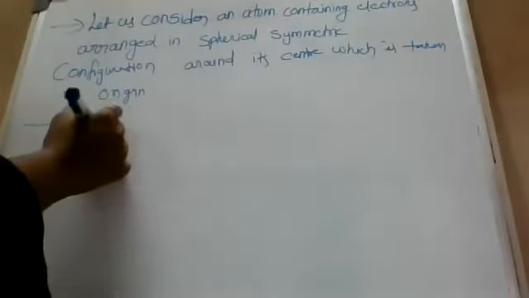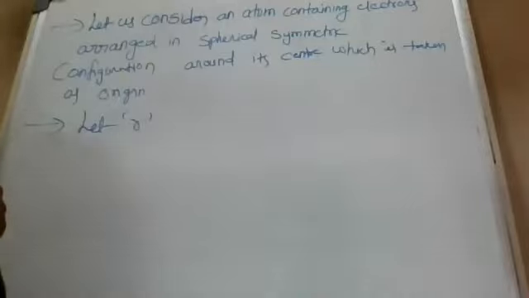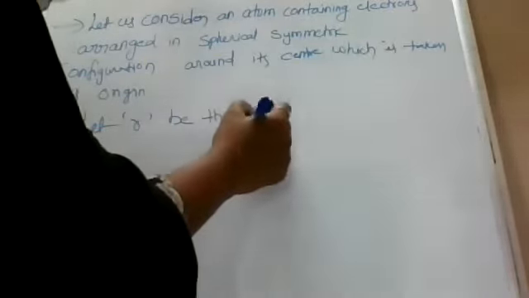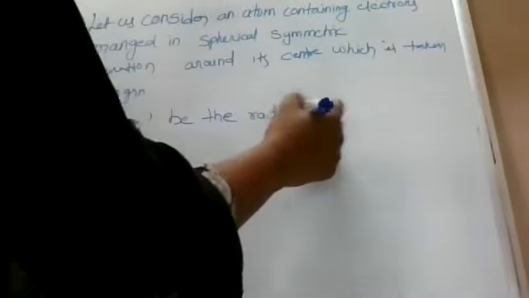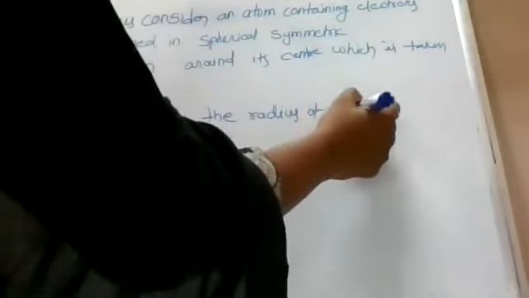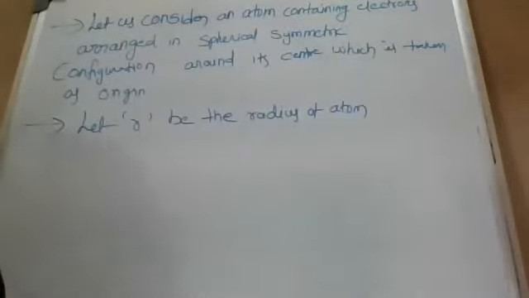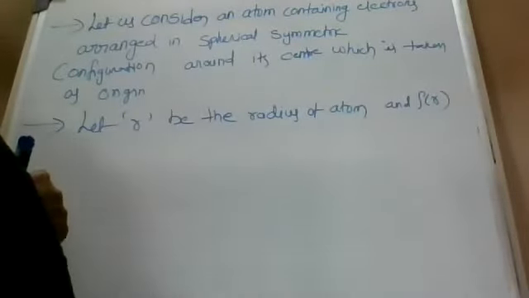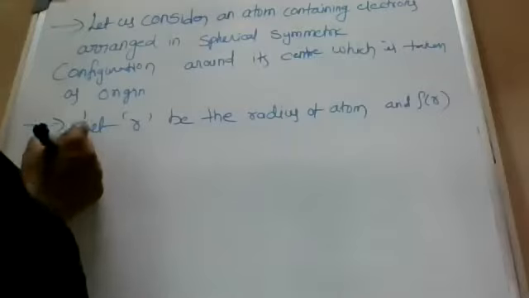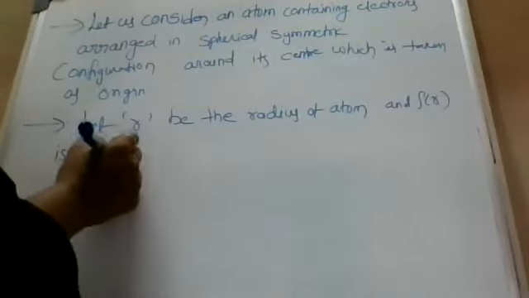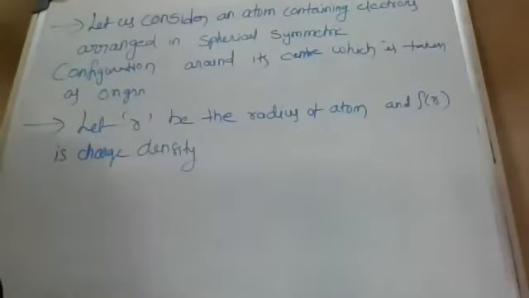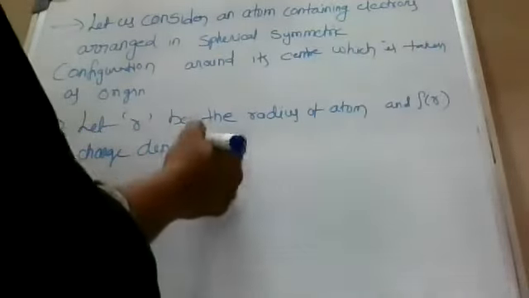Let small r be the radius of the atom, and rho of r is the charge density at point r.